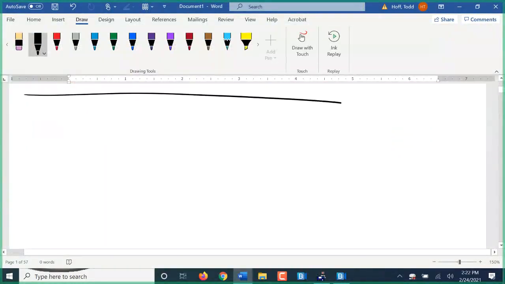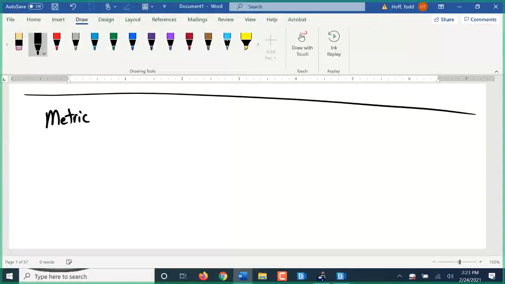Let's talk about metric. In the metric system, they tend to focus on mass rather than weight. So we are going to talk first about metric weight. The unit of weight, actually the unit of force in the metric system, is the Newton.